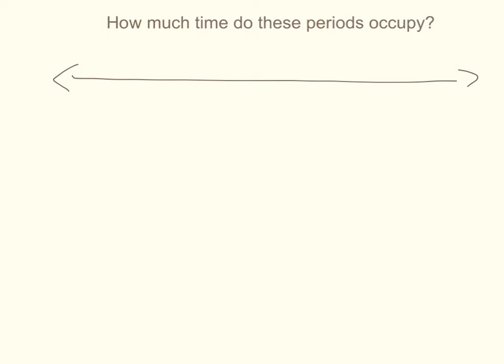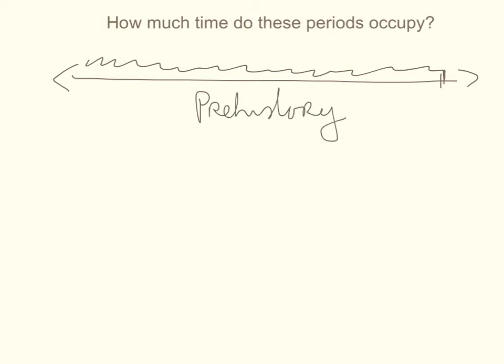And if I wanted to show prehistory and history on this timeline, all of this section, okay, all of this, even more in fact, would be, hopefully you can answer, prehistory. And that tiny bit at the end would be history.